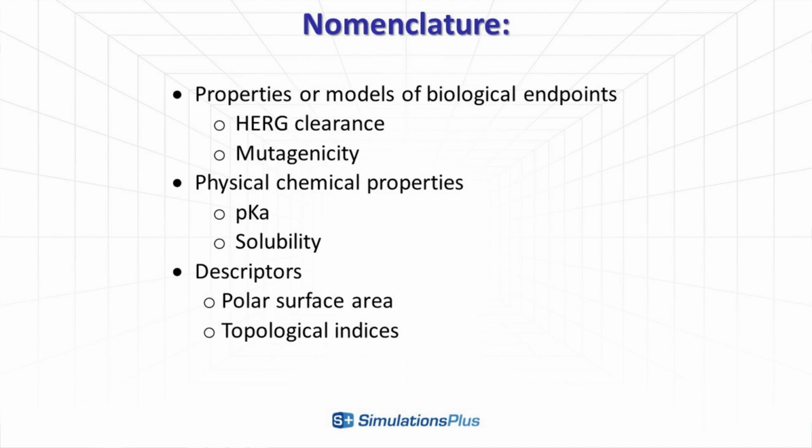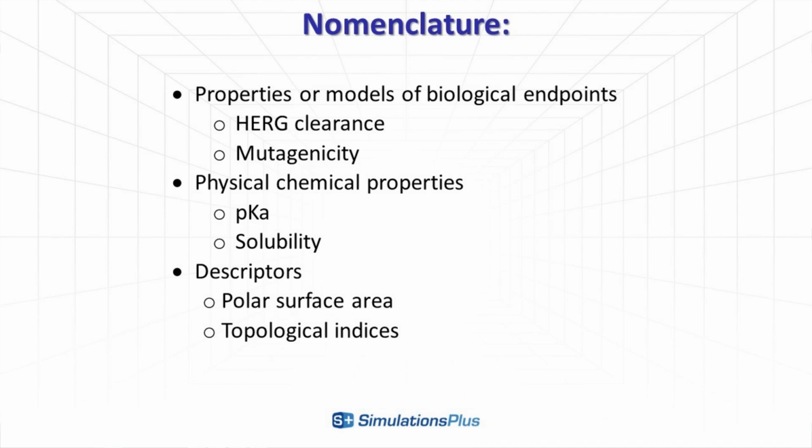As a quick disclaimer on the terminology for properties, there's a large number of things that we can put under properties. There are certain properties, or what we refer to as properties, that are models of biological endpoints, for example hERG, clearance, or mutagenicity. Some of what I will refer to as properties may be physical-chemical properties, such as pKa or solubility.